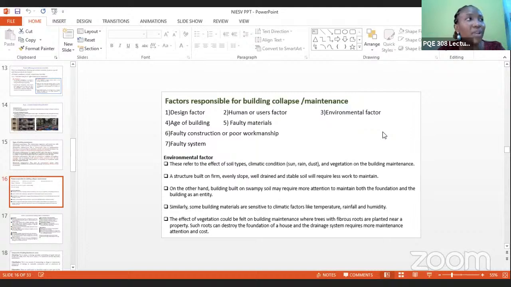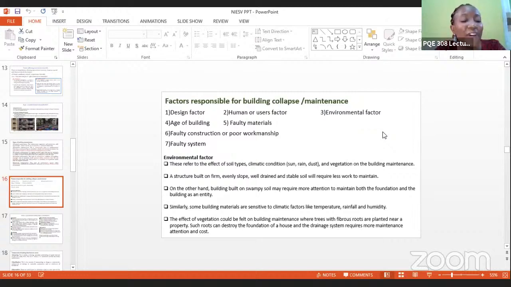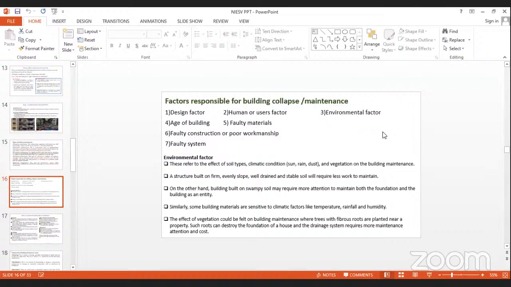You can't compare it with a building that is built on a swampy or a riverine area, and probably you didn't take into consideration the foundation type of that particular place before you build your structure. Of course, it's going to be responsible for your building collapse.